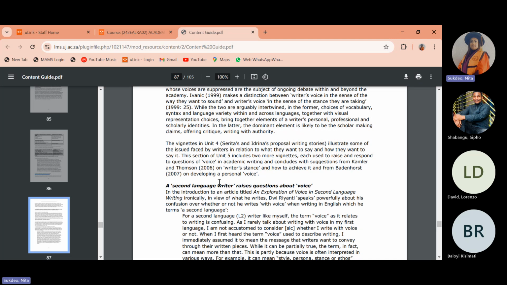So that is why it says, what is the writer's stance on how to achieve it and developing your own personal voice? Do you actually do that when you are guiding your students? If you are currently supervising or going to supervise or having been supervised yourself, give us your experience. Anyone?